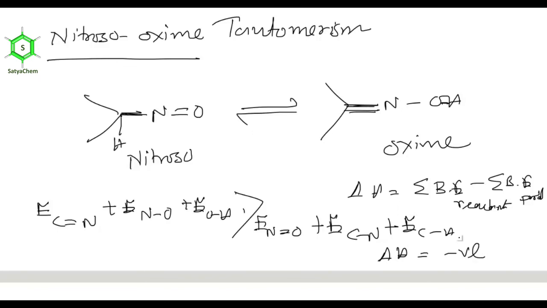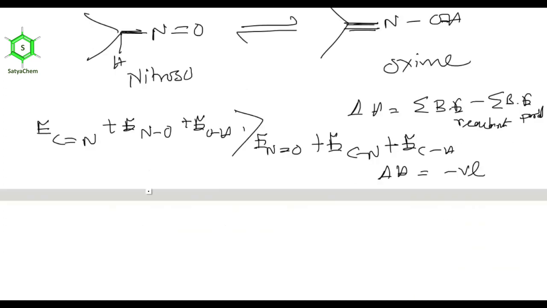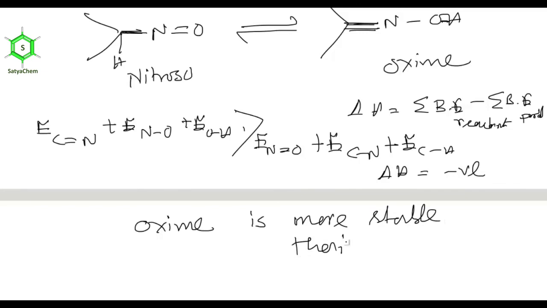So the process is feasible. That is why here the oxime is more stable than the nitroso form. So here the equilibrium will try to remain towards the oxime form because the oxime is more stable than the nitroso form.